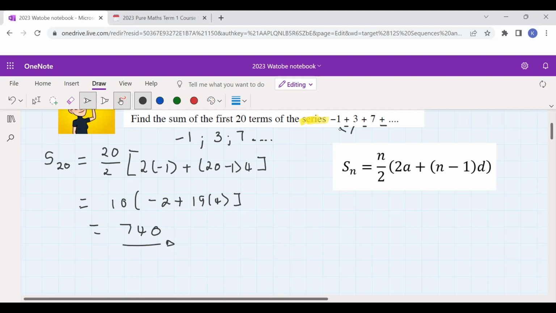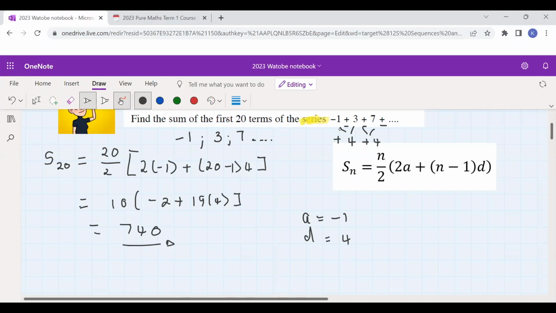Yes, Chloe, it is 720. Oh, wait. Okay, 740. So we add 4. 3 to 7, we add 4. So in this case, our A would be -1, because that's our first term. And our D would be 4, positive 4, because we are adding 4, okay?